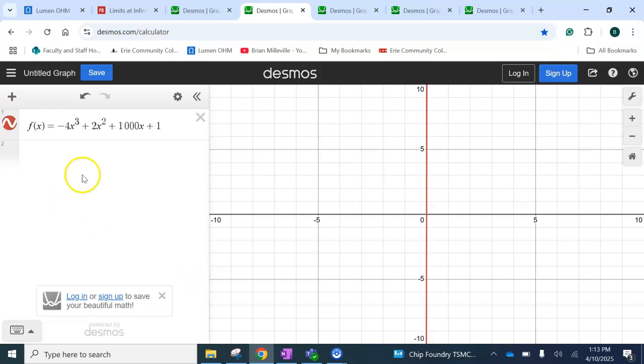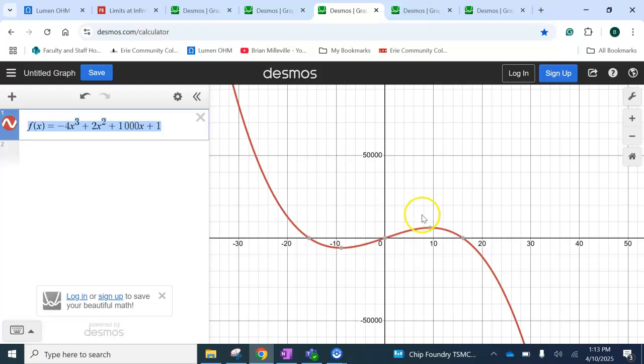Okay, and I've got the original function here graphed in just the normal viewing window, negative 10 to 10. And in my next tab over, I have it graphed by changing that window quite a bit. So it's the same function you can see plotted. The reason it looked kind of weird in the normal viewing window is because that 1000x is dominating the action when we're talking about small x values.